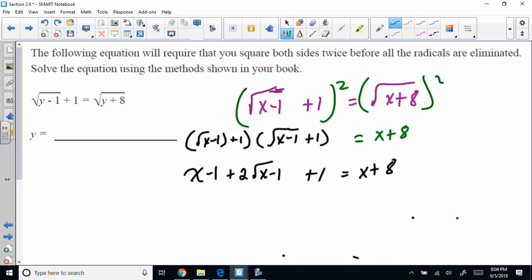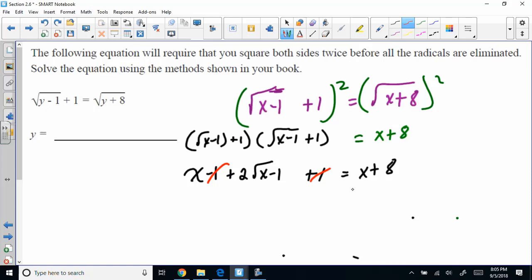There you go. You can multiply those two together, and guess what you're going to get? Now, look what happens. That one and that one does what? Good. So those go away. Now, let's move the x and the 8 to the other side.